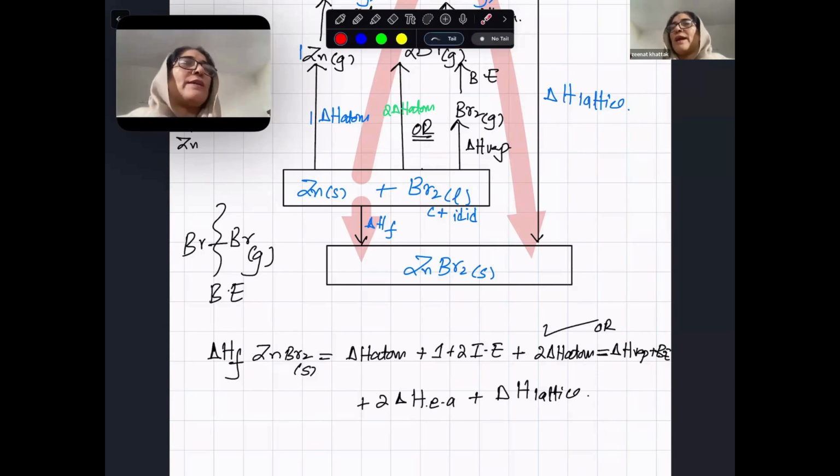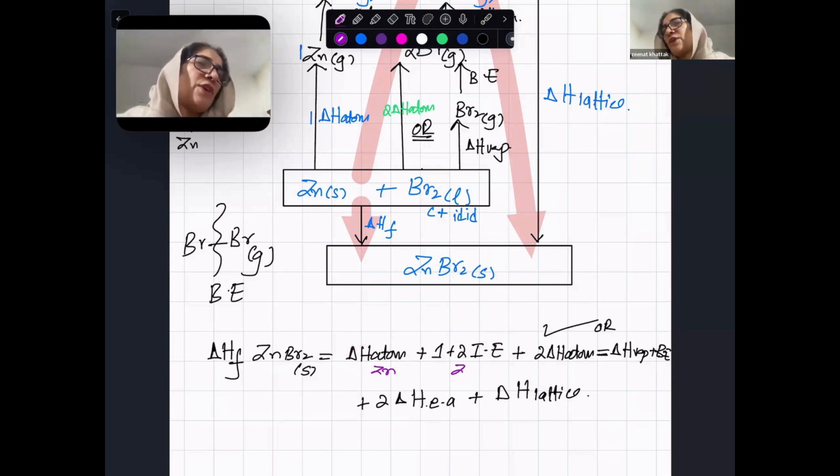So this is for zinc, this is for the bromine, and this is for ZnBr2.